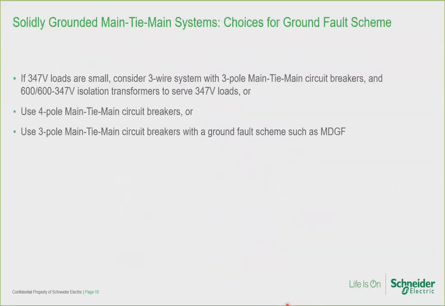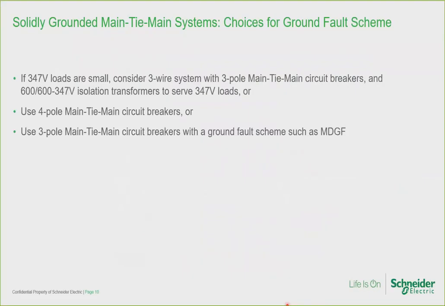There are basically 3 choices, as I see it, for dealing with low voltage, solidly grounded main-tie-main systems or multiple source systems. On a 600/347 volt system, if the 347 volt loads are relatively small, consider using a small unity turns ratio delta-Y isolation transformer with a 600 volt delta primary and a 347 volt Y secondary, and have that transformer feed the relatively small 347 volt loads.